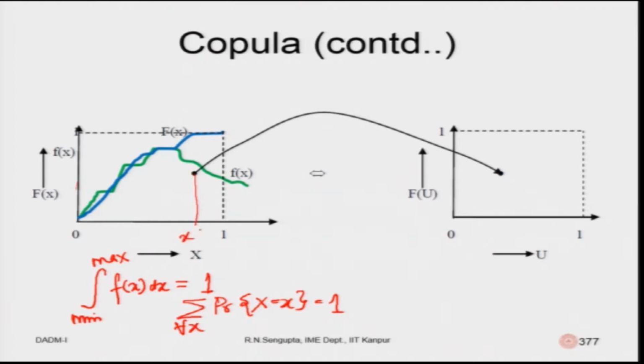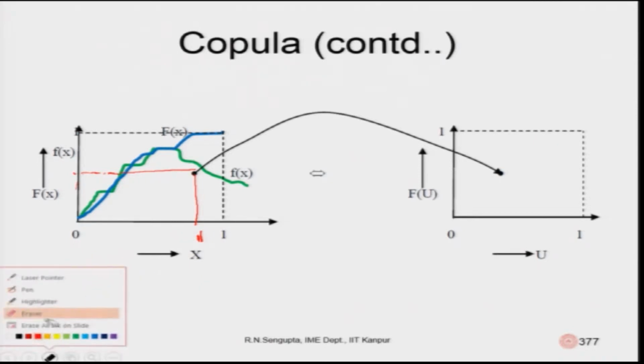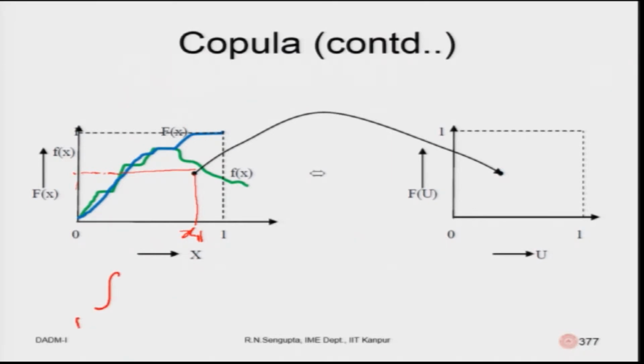some x1, and its corresponding value is given for the PDF. Now, consider this is x1, which means, let me erase it, so it will be easy. So, it will be from the minimum to the x1 value, f of x dx.